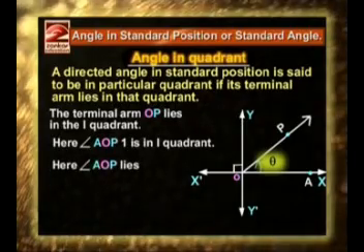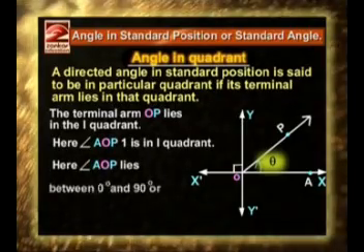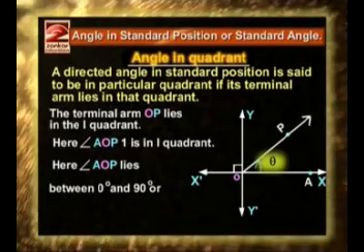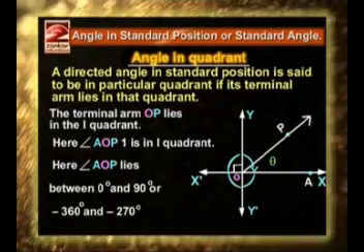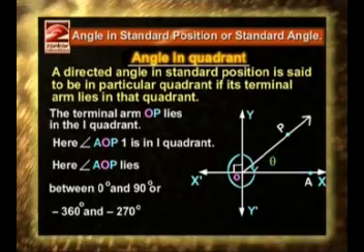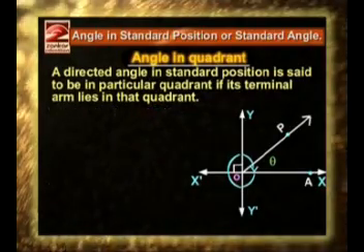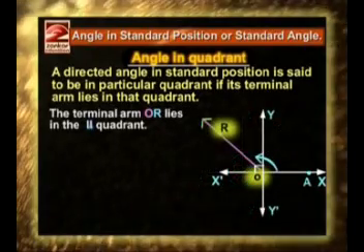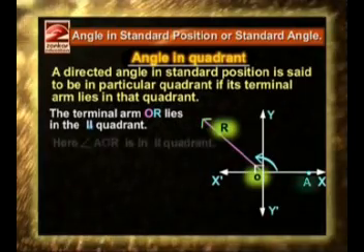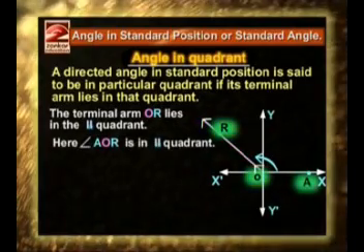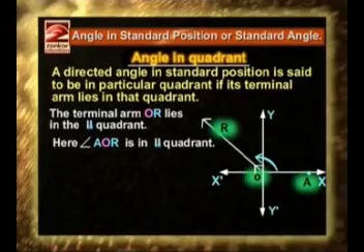Here, the angle AOP lies between 0 degrees and 90 degrees or minus 360 degrees and minus 270 degrees. Now here, the terminal arm OR lies in the second quadrant, so angle AOR is in the second quadrant.